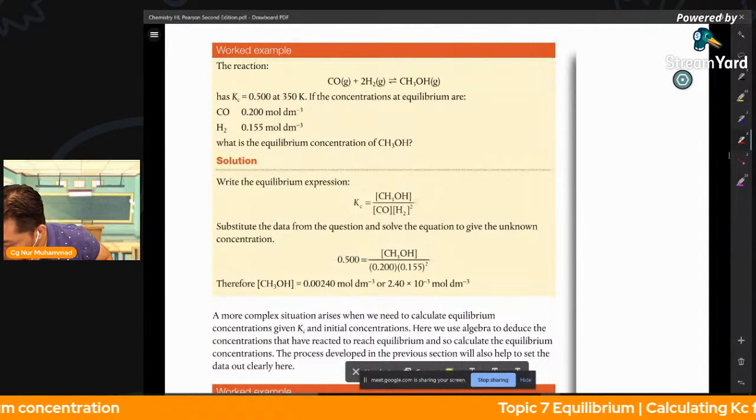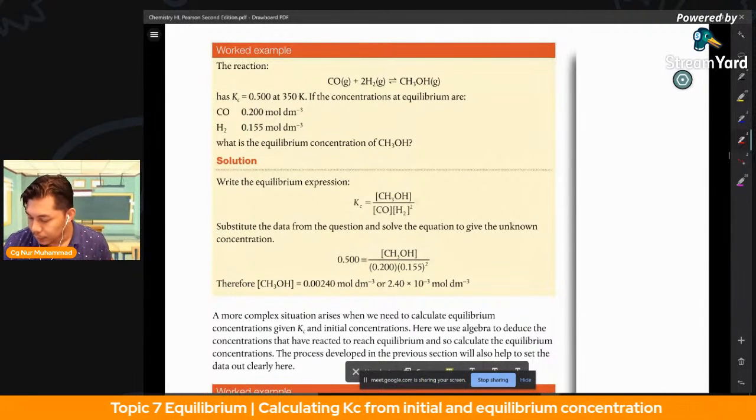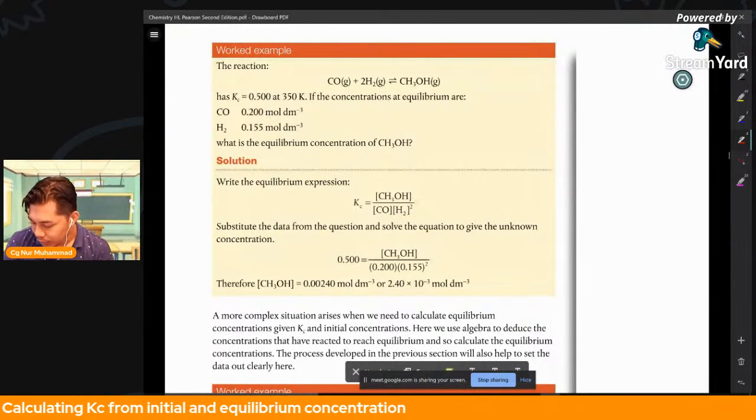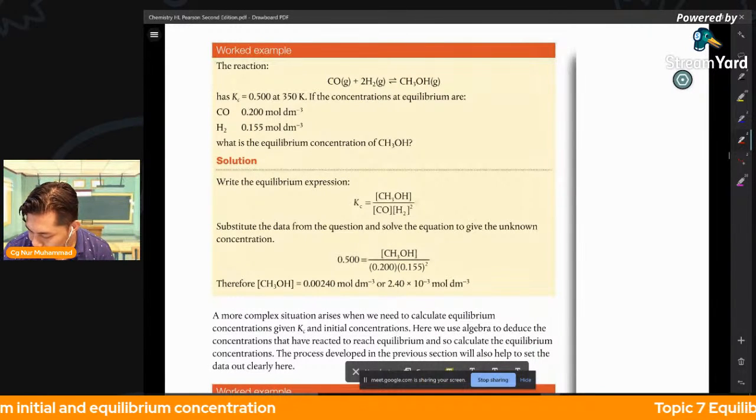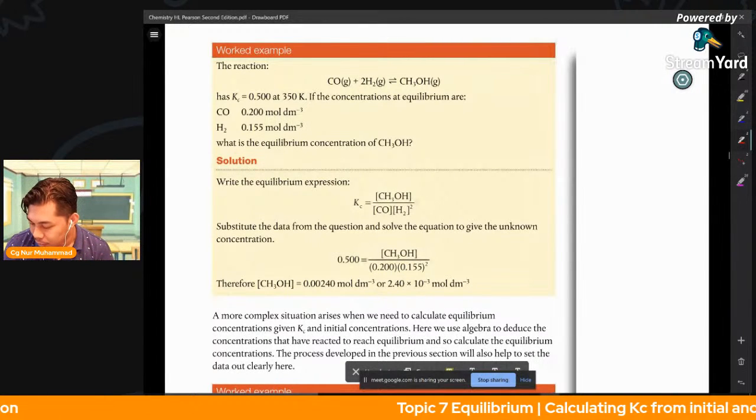Okay, untuk yang question 1 and 2 tu the straightforward question. Straightforward maksudnya just guna Kc, tak apa. So buat question 1, 2 and 3. Yang 1 and 2 tu senang je.